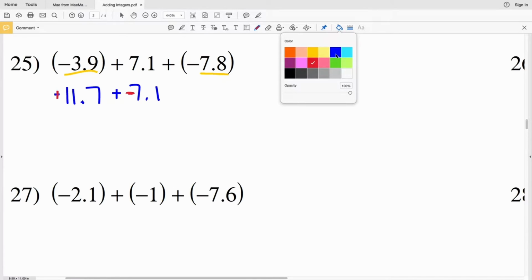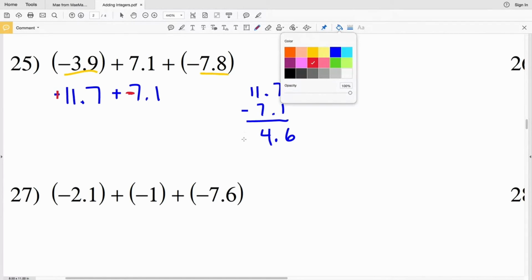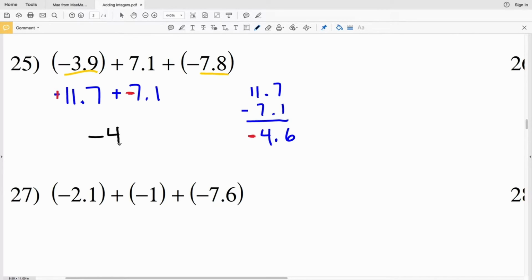So now we can rewrite this as 11.7 minus 7.1. That's going to give us a positive 4.6, but since we switched the signs, we have to switch the sign in the answer as well. So our final answer is going to be negative 4.6.